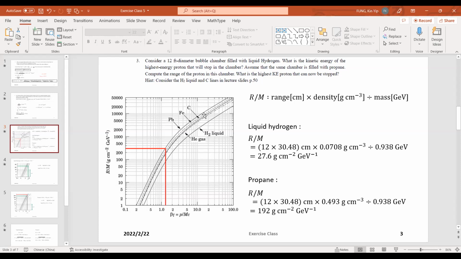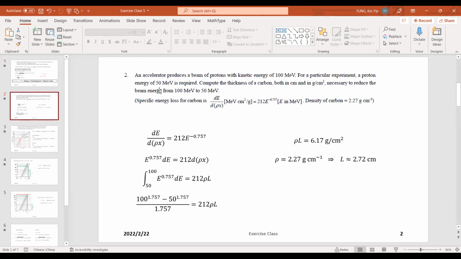It doesn't really matter whether the molecules have 3 carbons or 1 carbon. Suppose, for example, in the previous questions, the carbon actually refers to graphite, and we can still use the same curve here because the atom is carbon. It doesn't really matter the structure of the material or how the atoms are linked.